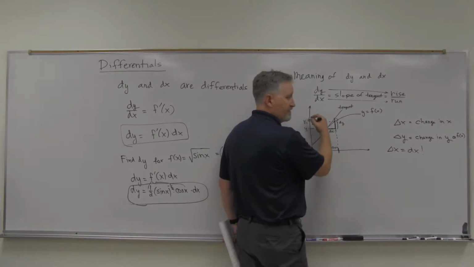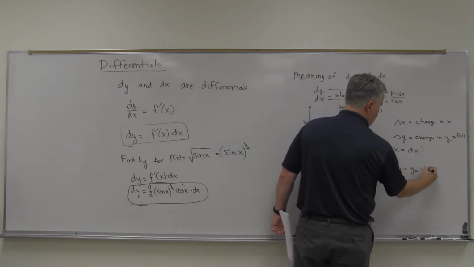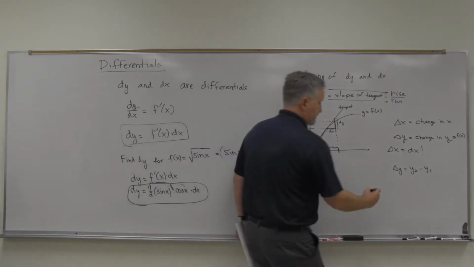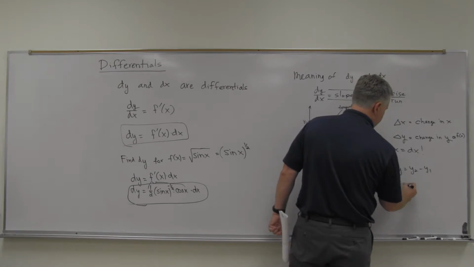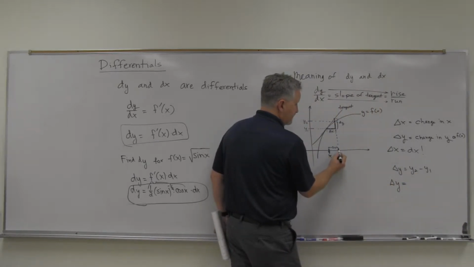So the change in the y value is the difference between y2 and y1, based on my picture there. But let's think about that a little more. How do I get y2? Well, y2 is the y value at this x value. And what is this x value? Well, if this is x, then wouldn't this be x plus delta x?